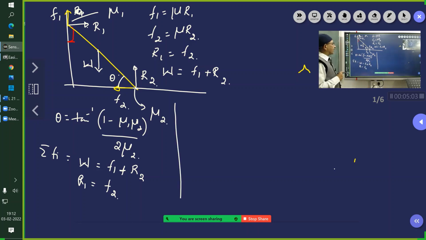Whatever data they have given, write that diagram and write your equations from this. So you have to get the theta into the picture.